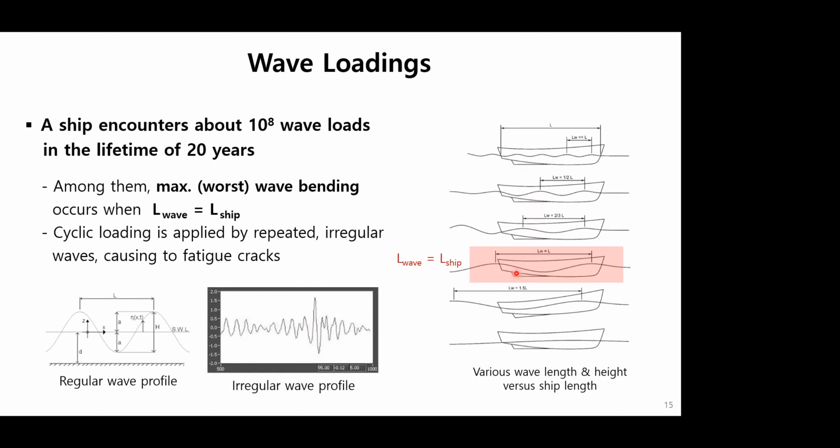Among them, in this red shaded situation where the wavelength is about the same as the ship length, the maximum, I mean the worst, wave bending moment occurs. Besides, continuous cyclic loading is also applied by repeated irregular waves.